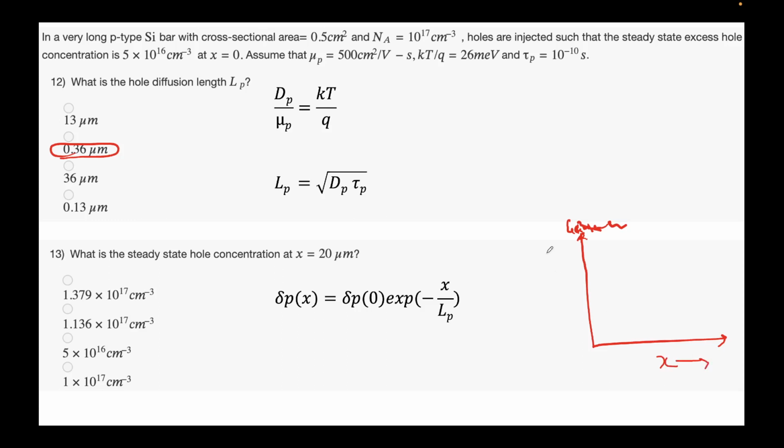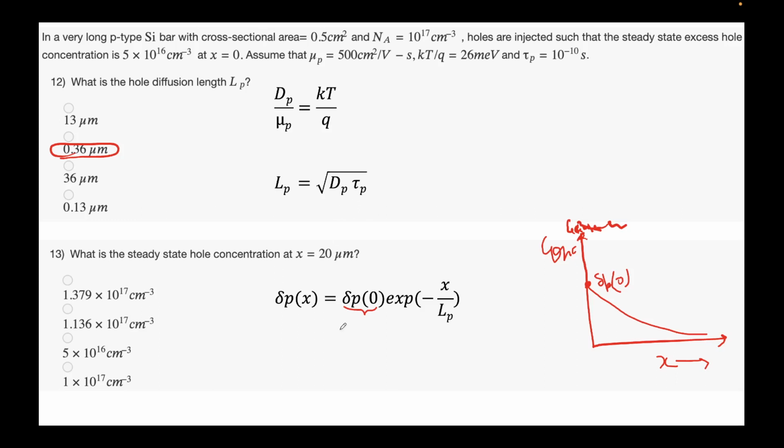The distance, and x equal to 0, if you recall, this is the concentration, and we saw that it was decaying something like this, exponential. So this is the delta p0 that you see here at this point, and then it decays exponentially, and Lp is the constant that we have seen.